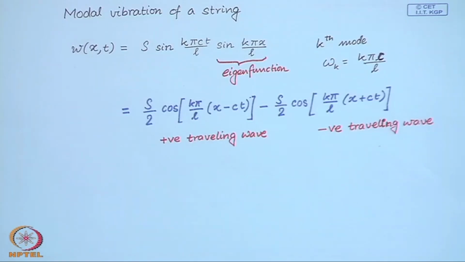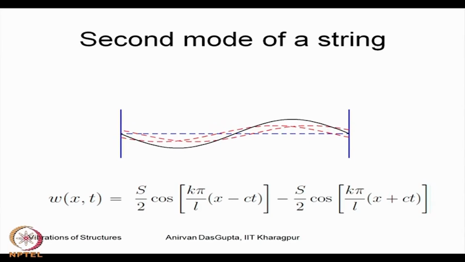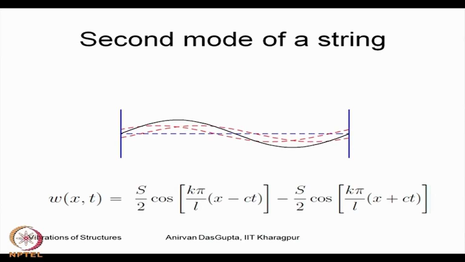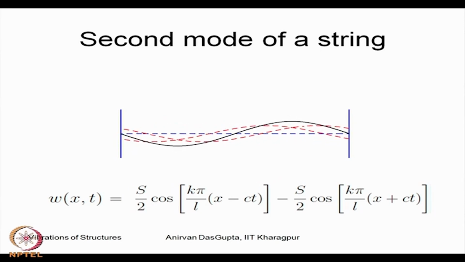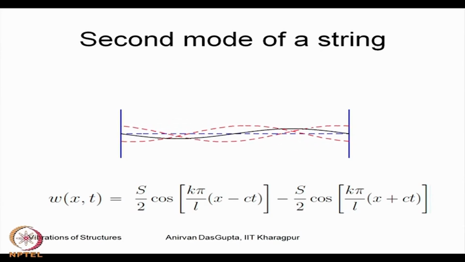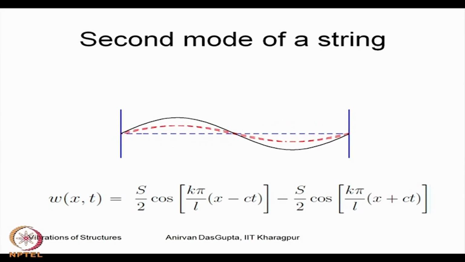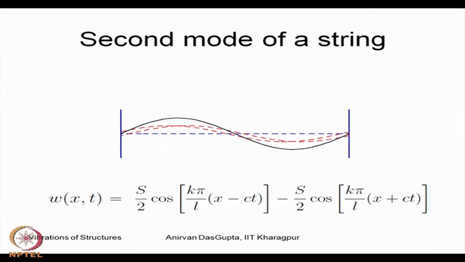So, in this animation here you can see this decomposition. Here I have shown the second mode of a fixed string, and I have also shown the propagating waves which are written below.